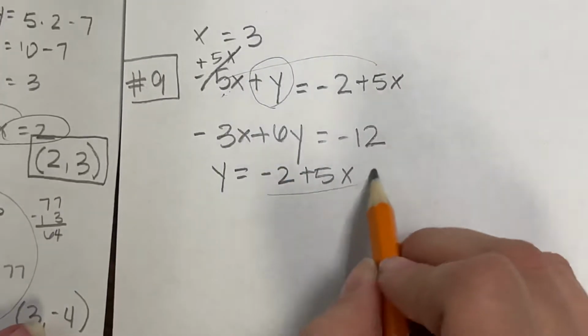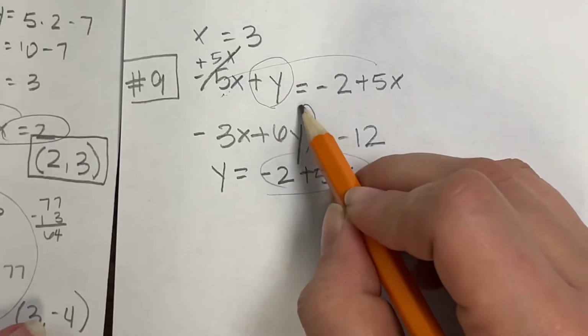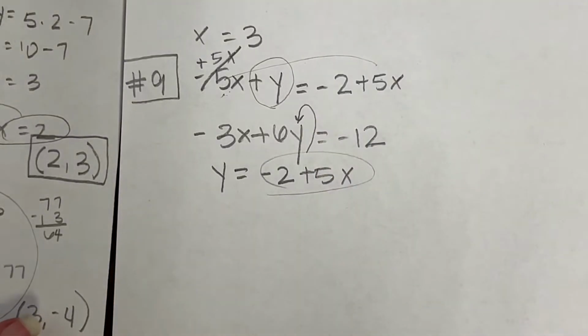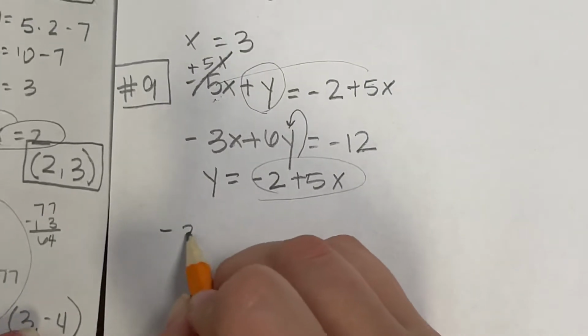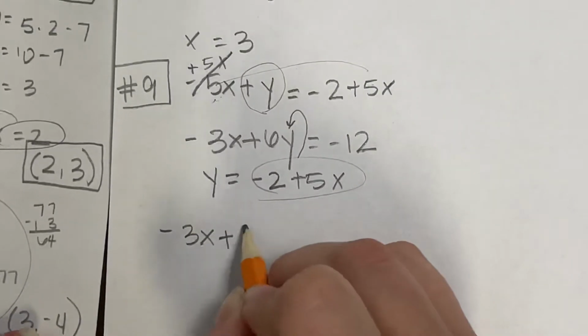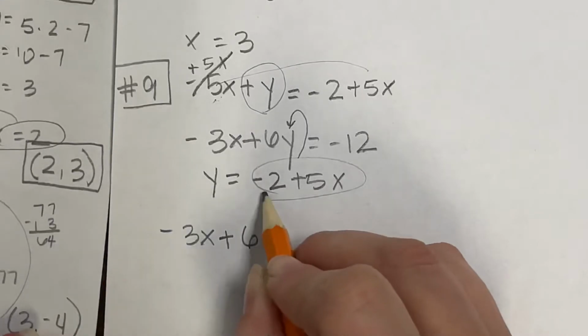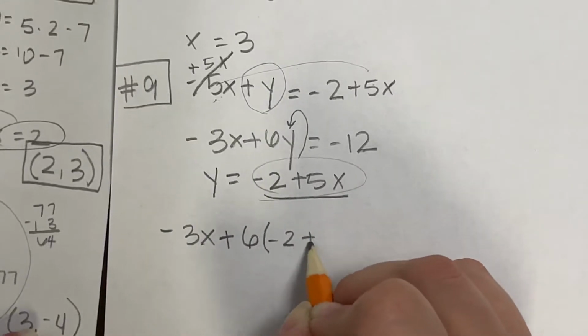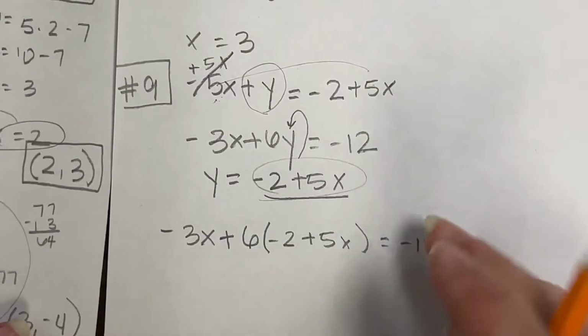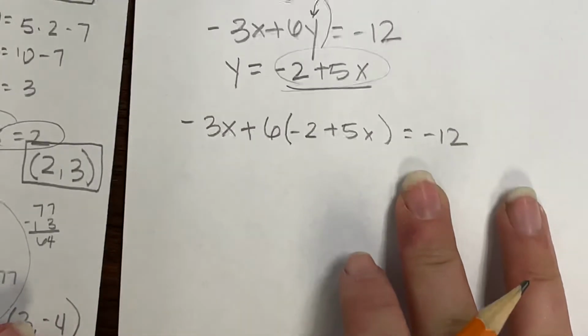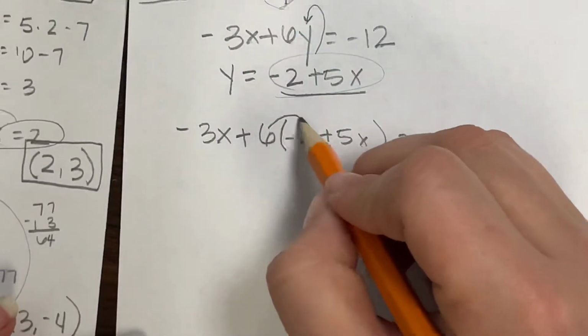So we can take this and replace y. So we have -3x plus 6y, which is all that, equals -12. Distribute.